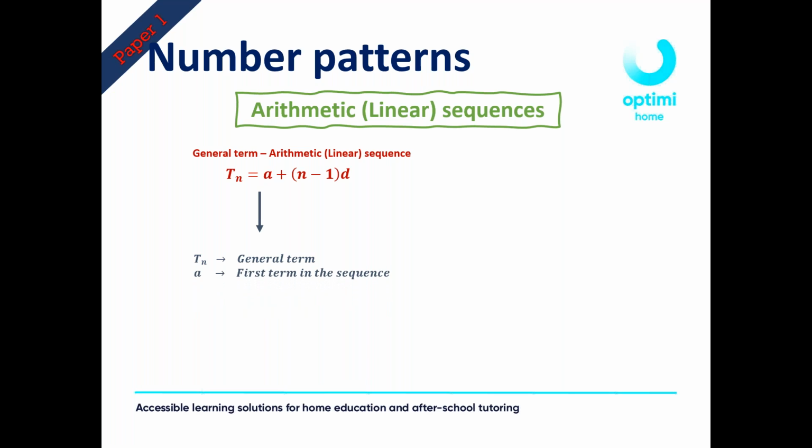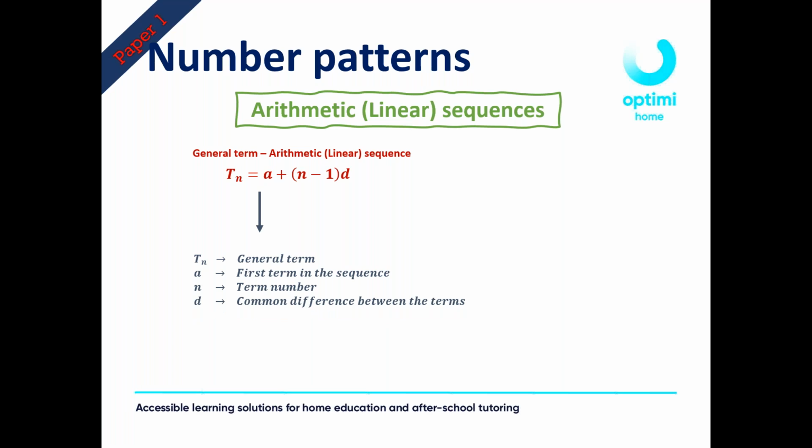A is representative of your first term in the sequence. n is the term number. So if you want to find out what is term 5, in the n you will put a 5. D, I've already mentioned, is the common difference between the terms, and you can actually calculate that as we've done before.